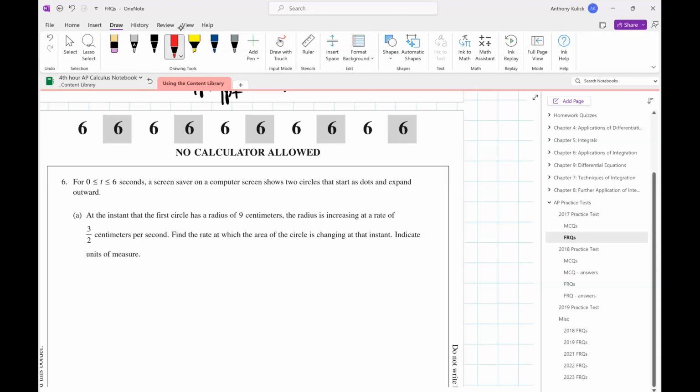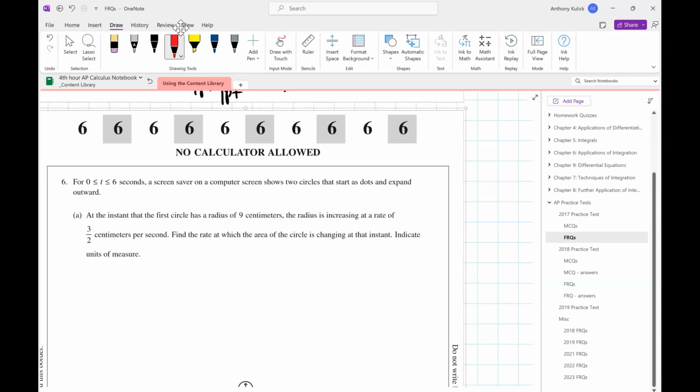What kind of problem is this? This is a related rates problem. Okay?